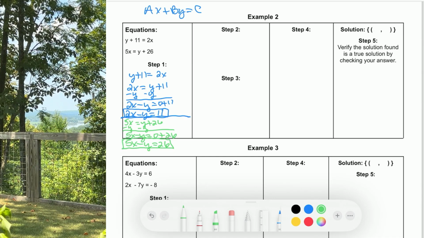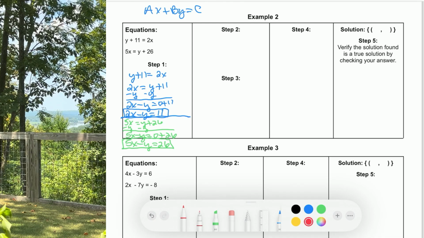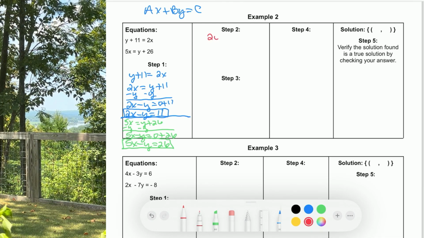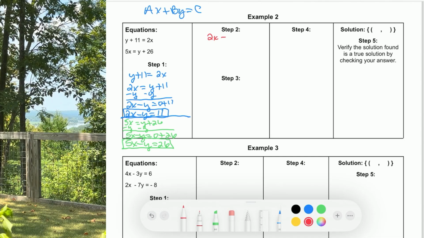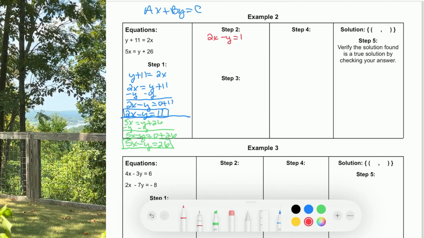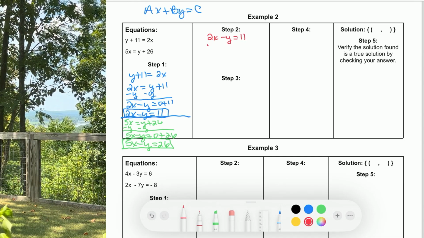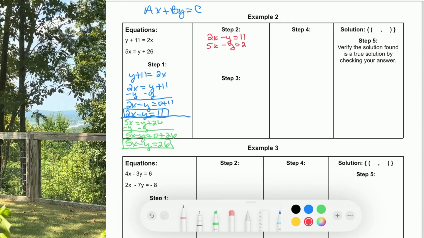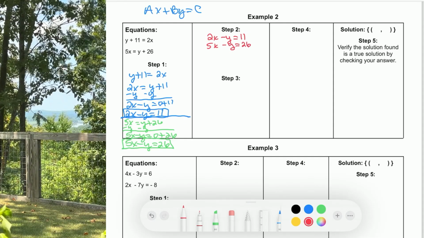So on step 2, I'm going to rewrite, and I'm going to have the first one that we did, 2x minus y equals 11. My other one was 5x minus y equals 26.